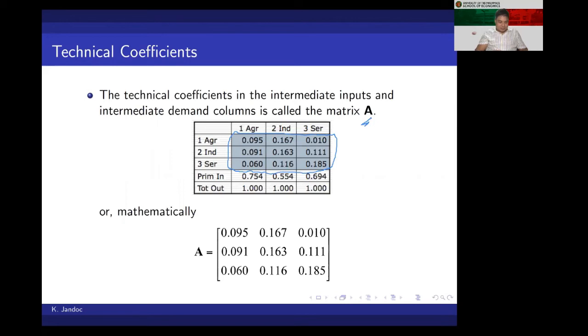This is called the matrix of technical coefficients. So here, this 0.095 is entry A11. This one, 0.167, is entry A12. 0.01 is A13, and so on and so forth. Okay, so this is how you get the matrix of technical coefficients.